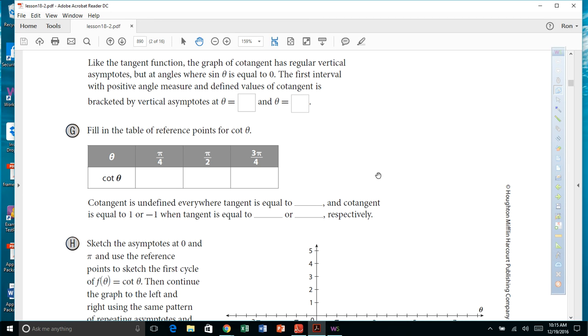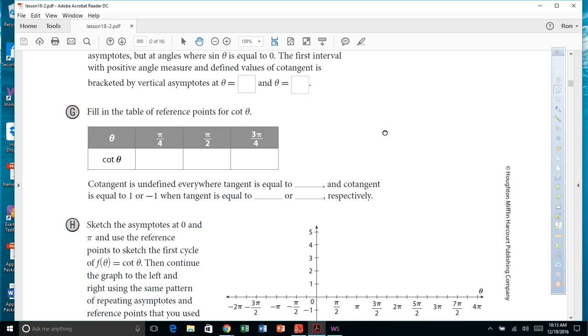So where's sine theta equal to 0? I think it's at pi, and I think it's at multiples of pi.